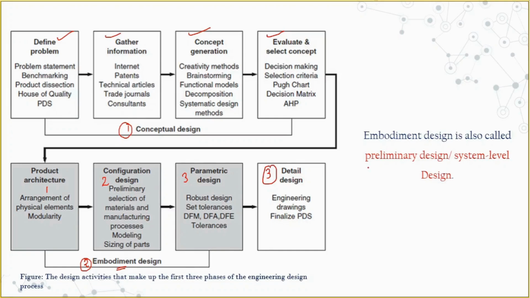The point to be remembered is that embodiment design is also called preliminary design or system level design. So in totality there are 3 names: embodiment design, preliminary design and system level design. We are going to see all these steps in detail.